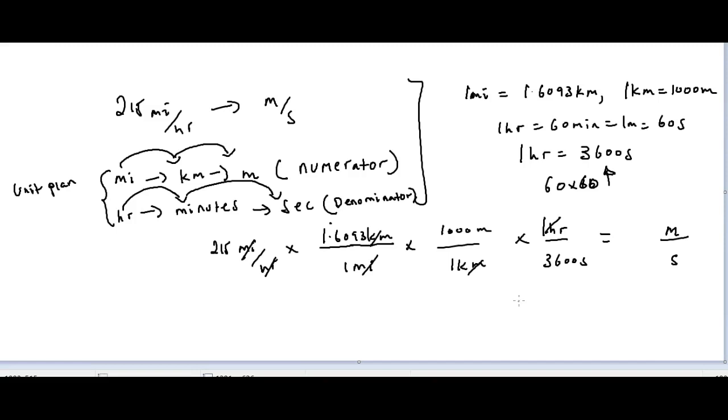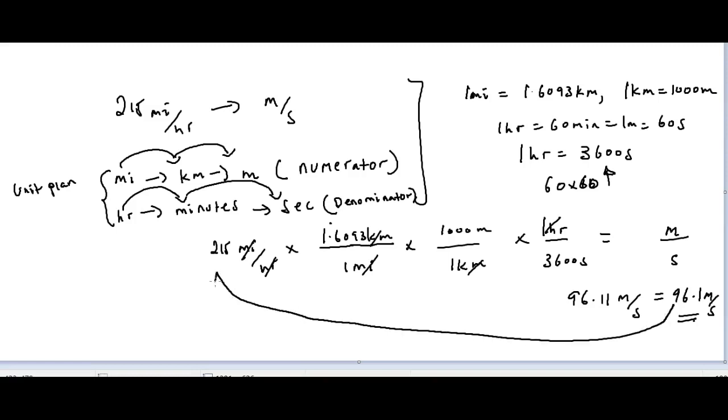Basically I would get something like 96.11 meter per second. So this one has 4 significant figures. If I would like to round into 3 significant figures, I can simply say 96.1 meter per second. Okay, so this will be the final answer. Remember that the final answer also has 3 significant figures, which reflects the original number here, which had 3 significant figures.